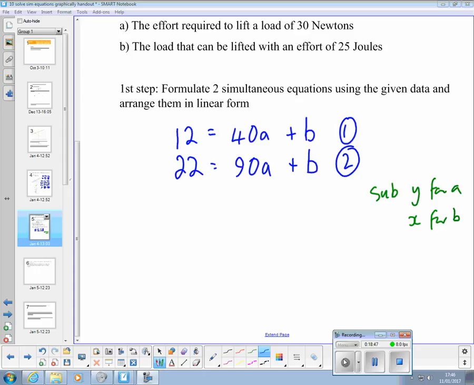Adam, put you on the spot. Equation 1, rearrange so it says A equals something. Have you done it or not? No, exactly. My point precisely.